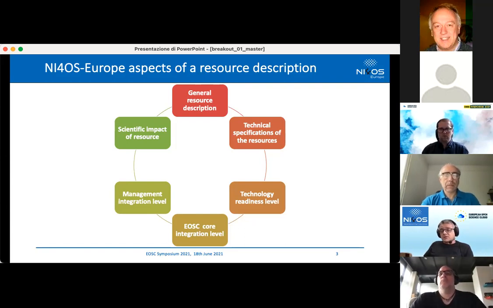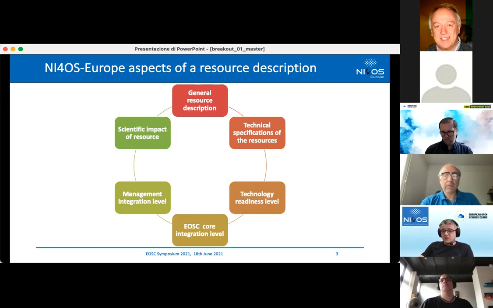Then to assess research development stage, we introduce technology readiness level, and following the same approach, we have defined EOSC integration level to estimate the level of integration of a particular service or resource with the EOSC core layer, or within the NI4OS Europe, we call it the pre-production environment. And then to be able to measure the resource management development, we have put on equal footing various perspectives of resource management following FitSM standards.